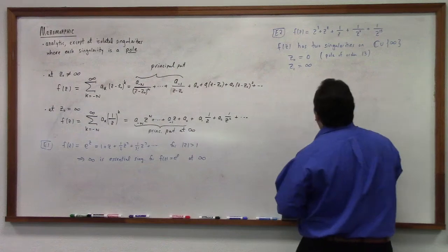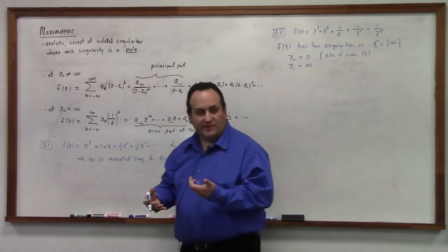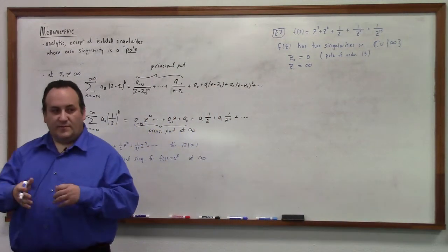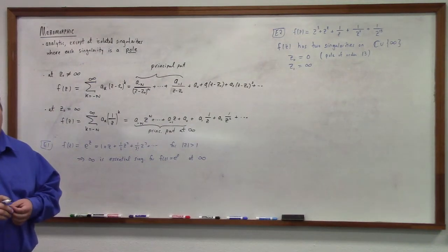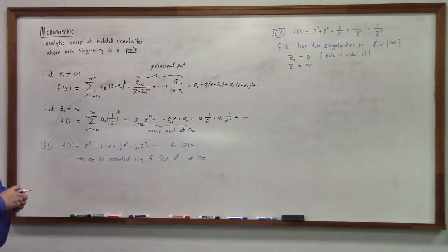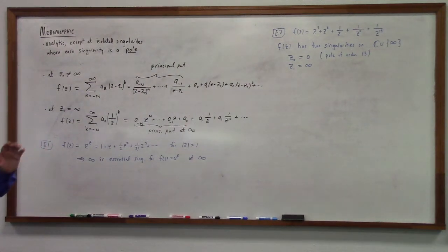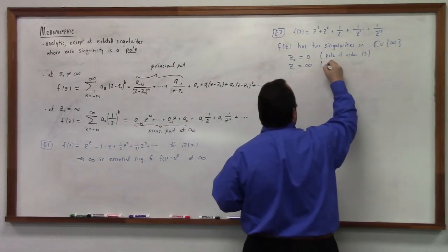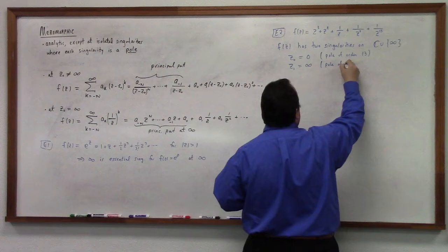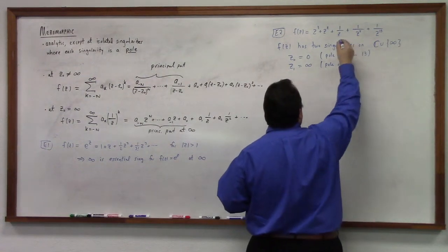Because as you look at the part which is singular at 0, the most offensive thing there is the 13th power, right? So like 1 over z to the 13th is the most singular piece of that. It's not essential because there's only up to order 13 reciprocal powers at 0. Now at infinity, it's a pole of what? In this case, 3.